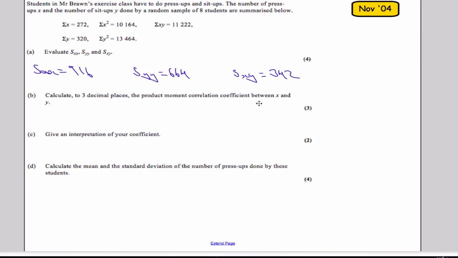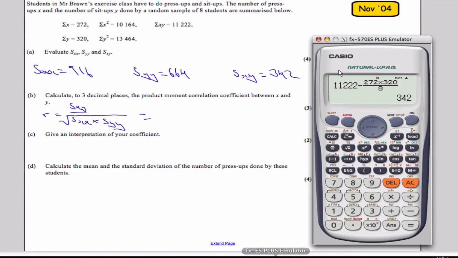Calculate to 3 decimal places the PMCC between x and y. r equals SXY over the square root of SXX times SYY. That's what you're going to put into the calculator. Again, let's save some time here and keep things moving along.